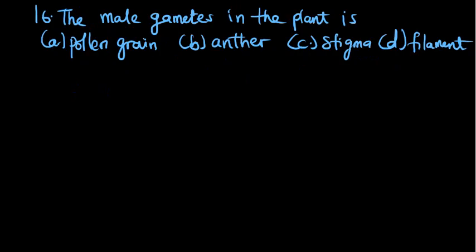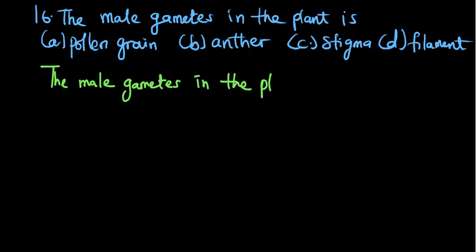Take note of this, that the male gametes in plants, please take notes, is pollen grain. I hope you understand. So that's our answer. Pollen grain. The female gamete is ovule. So let's move to the next question.